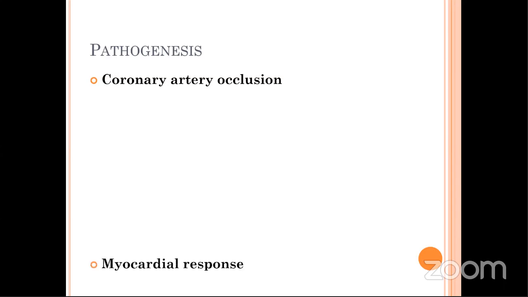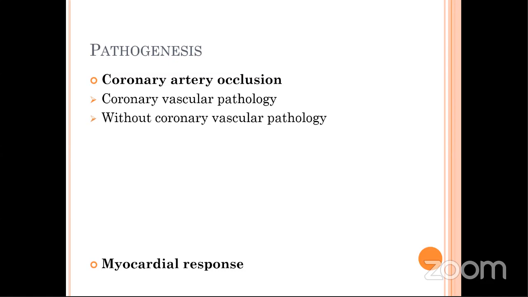Now, what is the pathogenesis of the case? As you already know, an infarct usually occurs due to impairment of vascular supply. Here it is usually due to coronary artery occlusion, following which there is a myocardial response. This coronary artery occlusion can be because of a coronary vascular pathology, or it can be without any coronary vascular pathology.